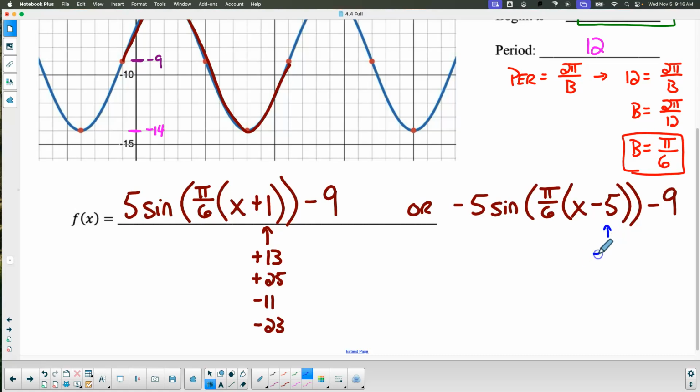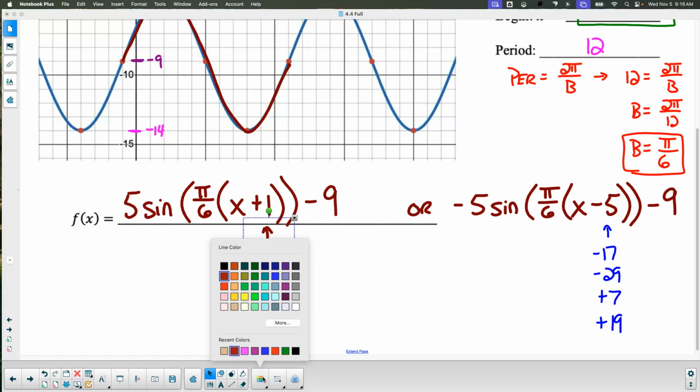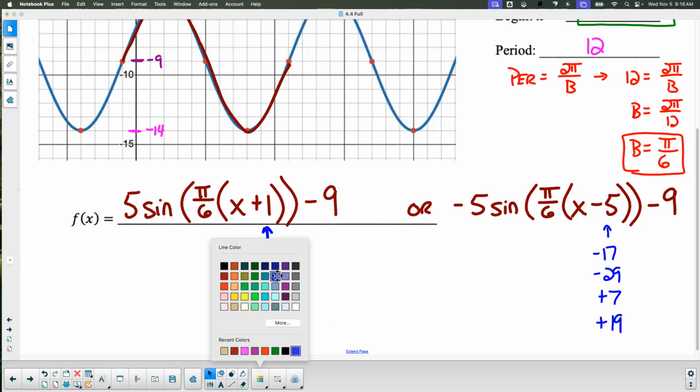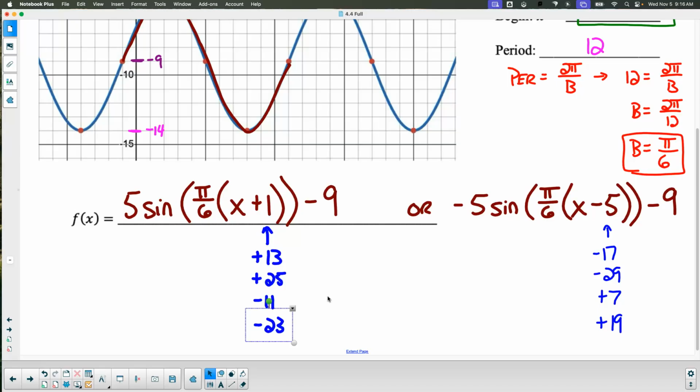So then this could be negative 17, negative 29, positive 7, positive 19. Okay? As long as they're off by 12.